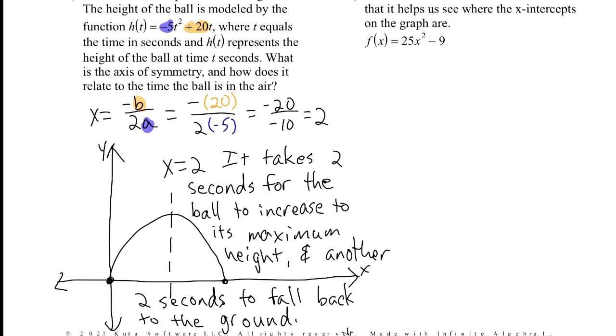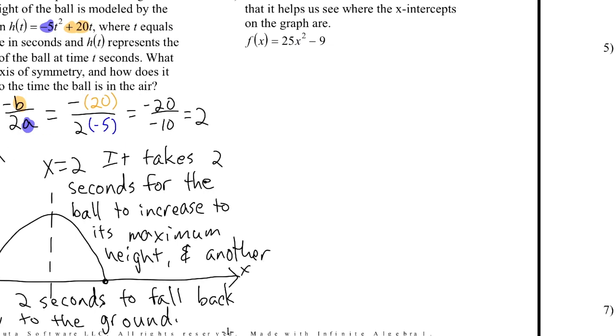And that's how it relates to the time the ball is in the air, and that's what that means. So this is 4 seconds, so the point there is the point 4, 0.